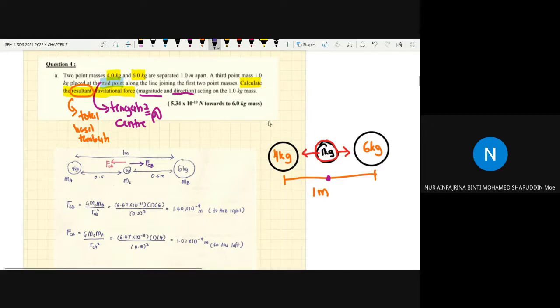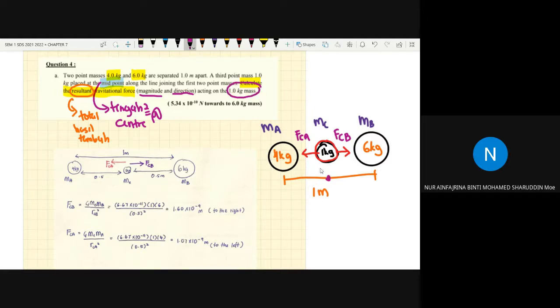Okay, for example, Miss label ini adalah mass A, mass B dan mass C. So sebenarnya ini adalah gravitational force yang mass C add on A ataupun A add on C, no problem, ataupun yang ini by B on A by B on C ataupun by C on A. So benda ni dia akan dapat sama balik because they are the same gravitational force. Okay, macam Miss buat FCA dan juga FCB. Okay, dan dia cakap calculate the resultant gravitational force acting on the 1 kg mass.